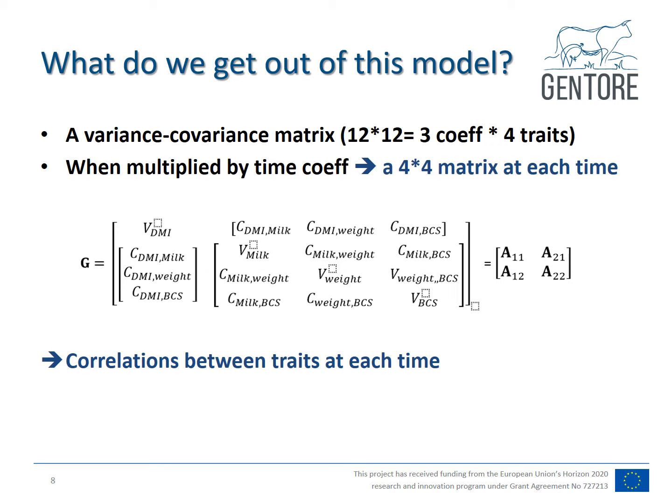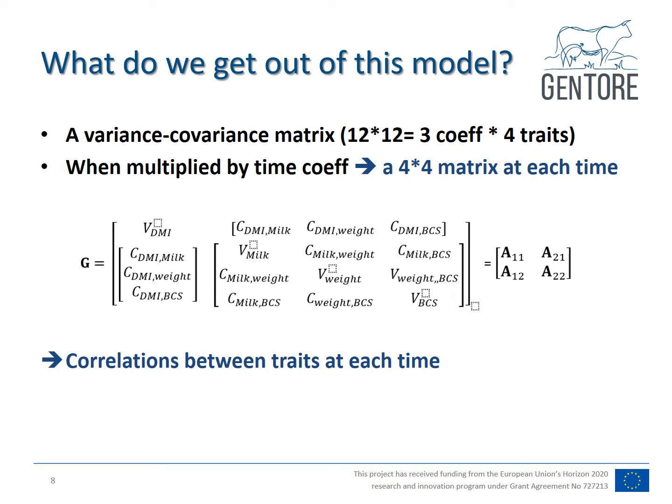What else do we get? We get a variance-covariance matrix, which is of size 12 by 12, because we have 3 coefficients and 4 traits. And when we multiply this matrix by the time coefficients, we get a 4 by 4 matrix for each time. So as you can see here, we have the variance on the diagonal and the covariance on the 2 sides.